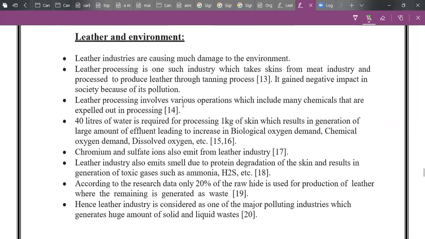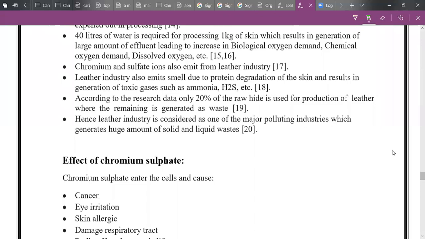Leather processing involves various operations which include many chemicals that are expelled out in processing. 40 liters of water is required for processing 1 kg of skin. Chromium and sulfate ions also emit from leather industry. Leather industry also emits smell due to the protein degradation of the skin and results in generation of toxic gas such as ammonia and hydrogen sulfide.